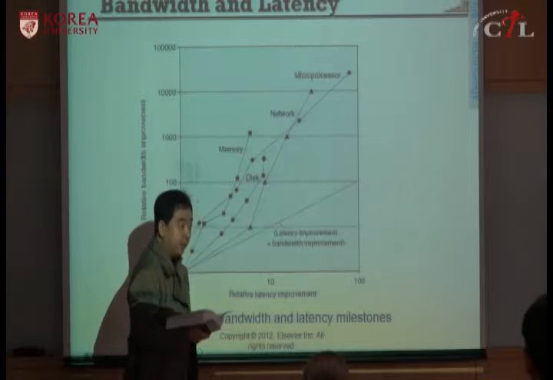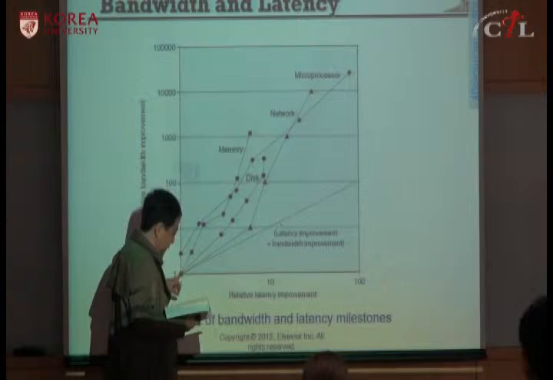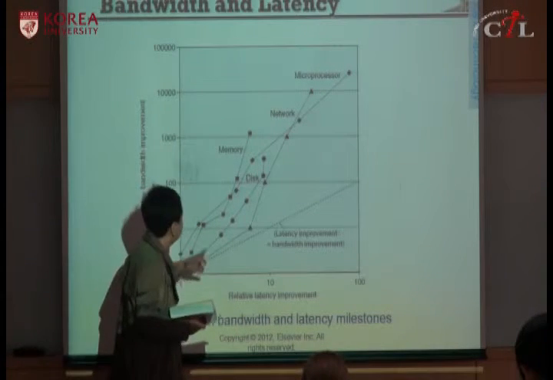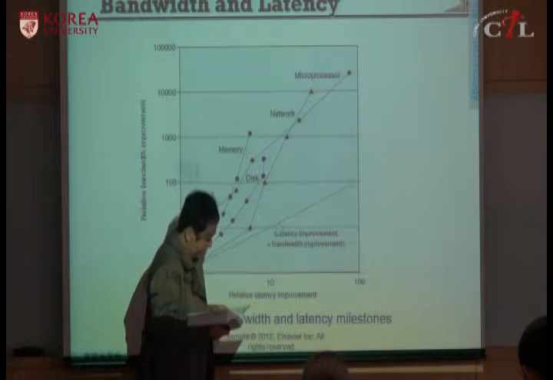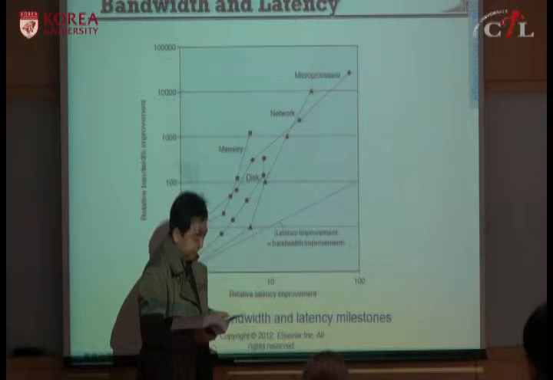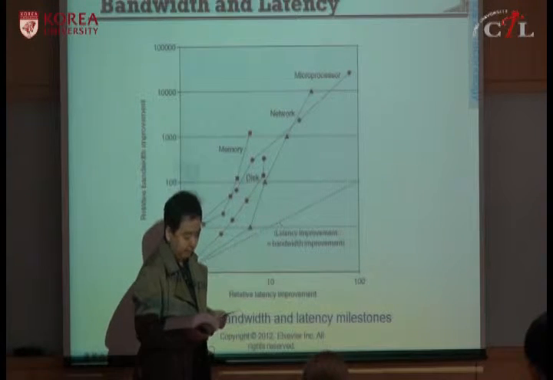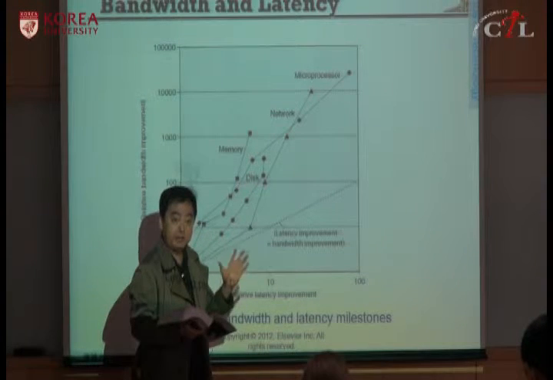For latency, the DRAM access time was 225 nanosecond for the 64K bit DRAM. Nowadays, the latest 2 gigabit DRAM chip is 37 nanosecond. So 225 divided by 37, approximately 6.